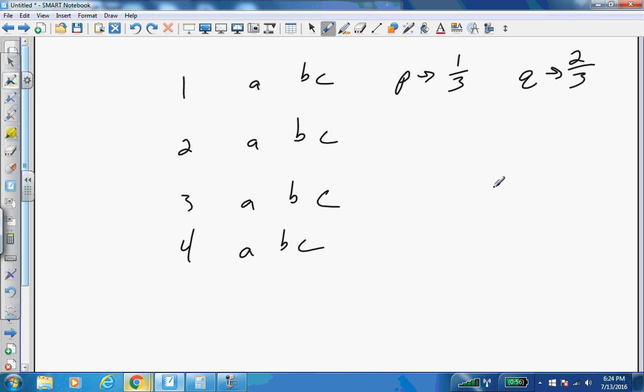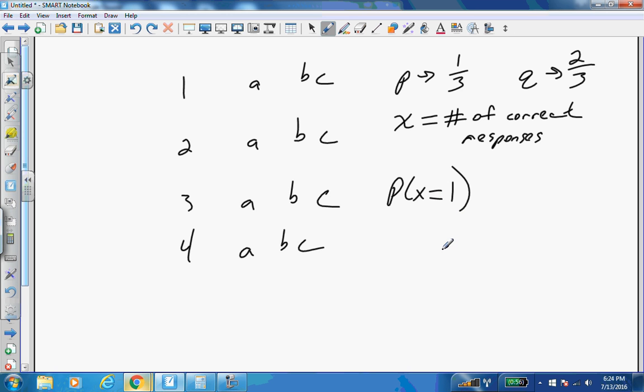So let's let x be the number of correct responses. Basically, how many questions did we get right? Let's think about what's the probability of x being 1.